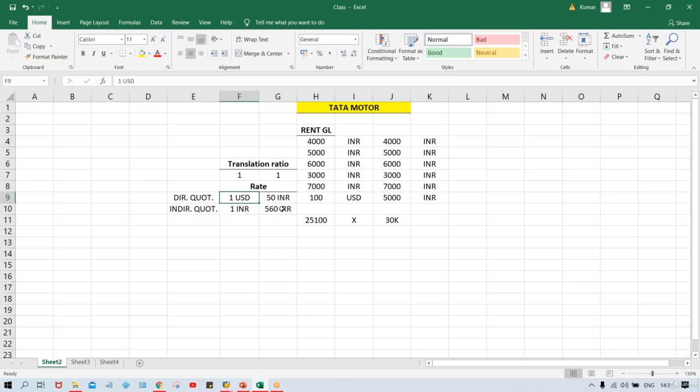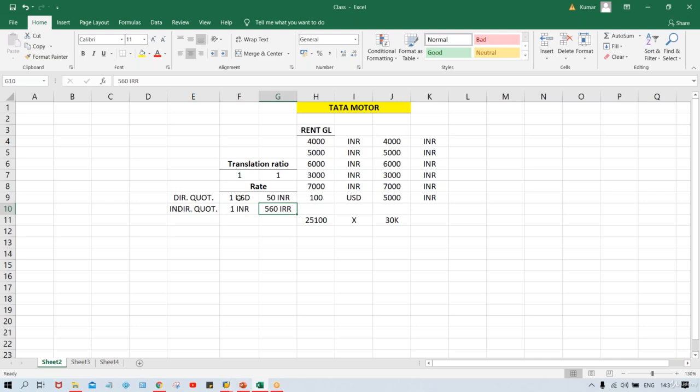At the same time, when it comes to the Iranian currency, I'm saying our one unit of Indian currency equals 560 of Iranian currency. In this way, we are able to understand easily, right? This is because your foreign currency here, Iranian currency, has quite a lesser value compared to Indian currency. So this is how I prefer to quote this rate.